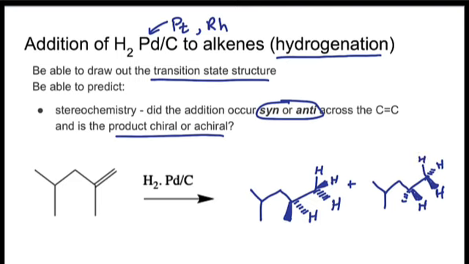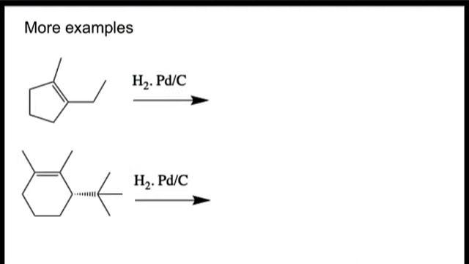Okay, so we do have a stereocenter right there, but we form a 50-50 mix of enantiomers, so a racemate, and so it's achiral. All right, let's practice this syn addition with a couple more, and then I will share the transition state structure and explain why it's syn addition.